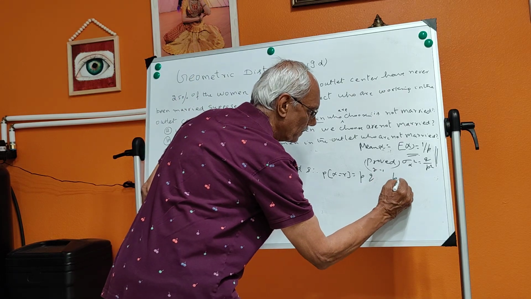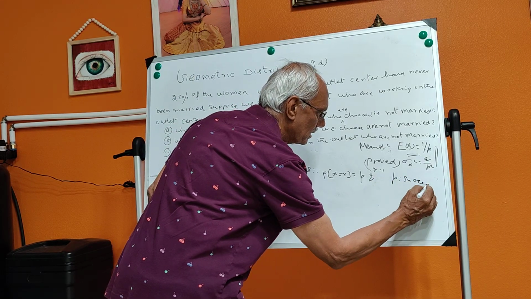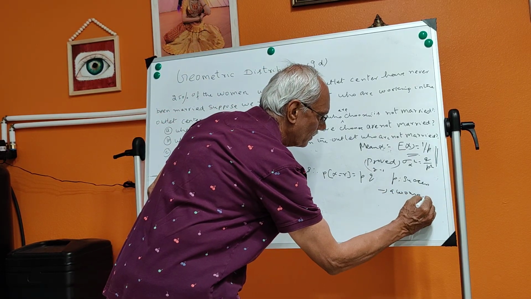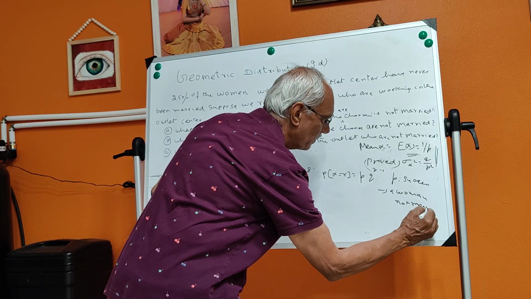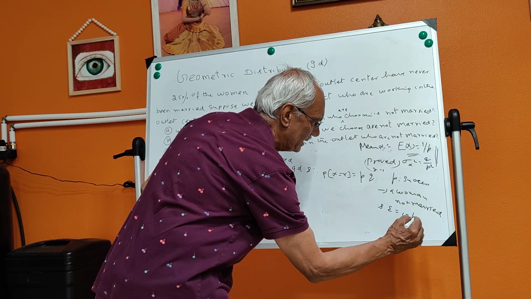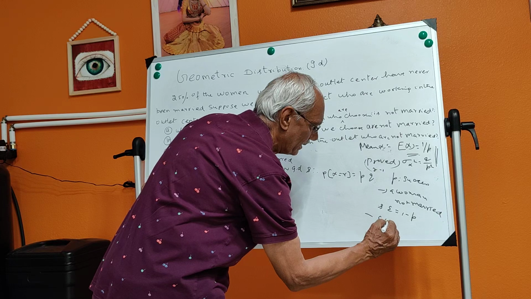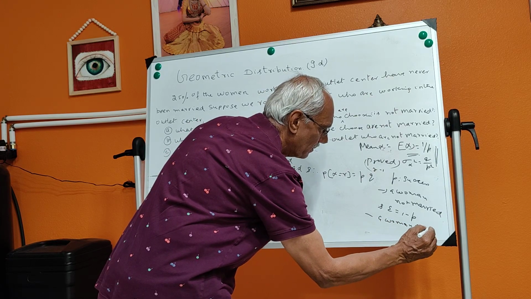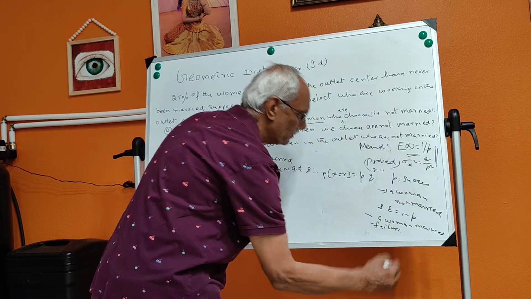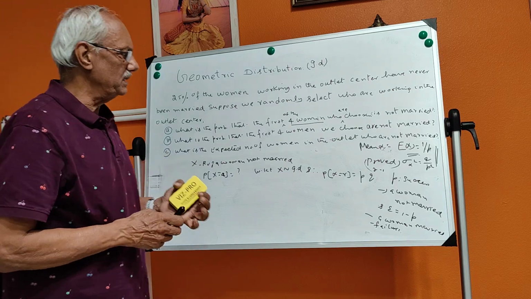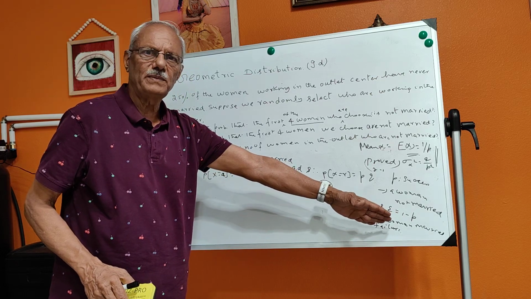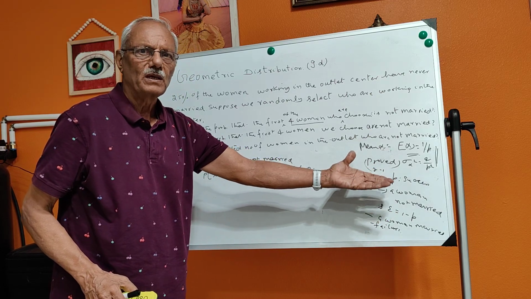P is success, that is, a woman not married, and Q is equal to 1 minus P, a woman married, which you can take as a failure.